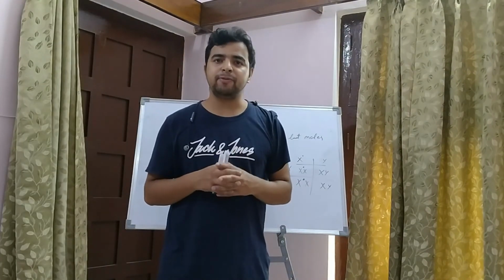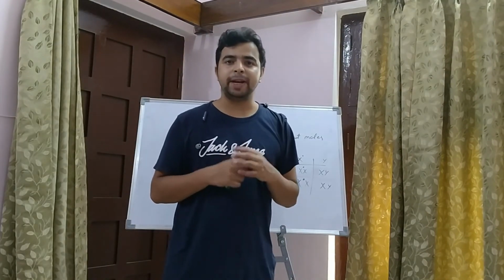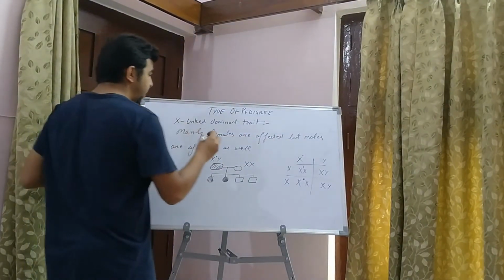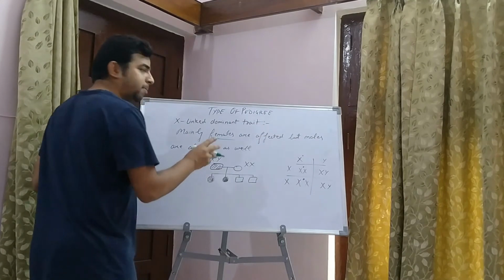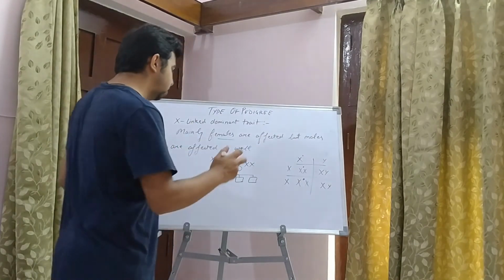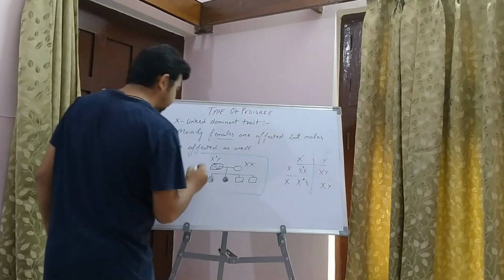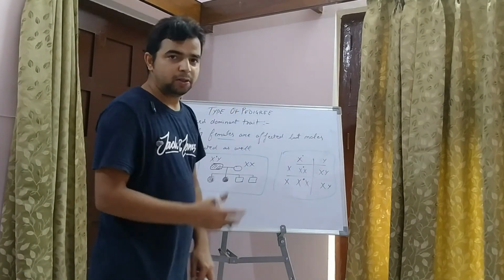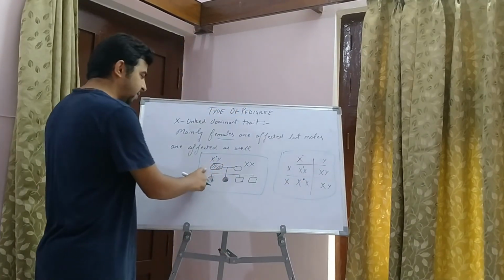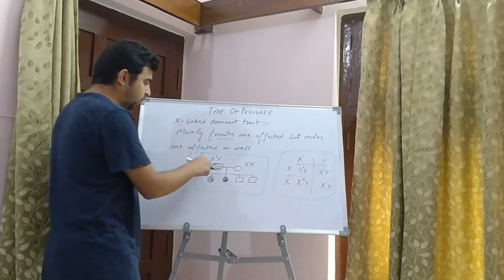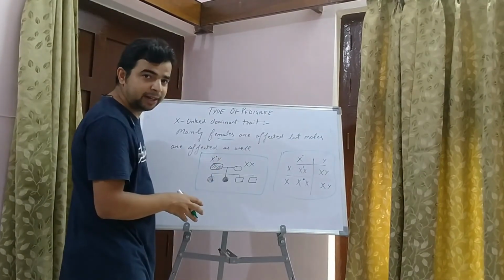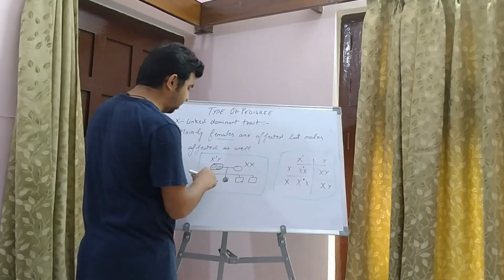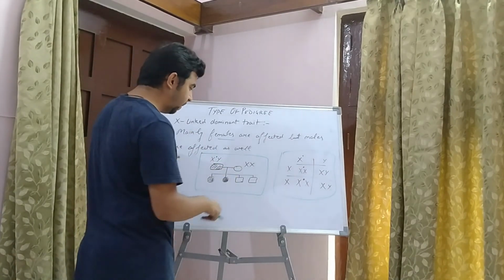The fourth type of pedigree is X-linked dominant trait. In X-linked dominant trait, females are mainly affected, but males are also affected. I have drawn a symbolic representation as well as the cross between the parents. What we can see here is that the male is affected because X has a dominant trait or character, so it can affect males as well as females.